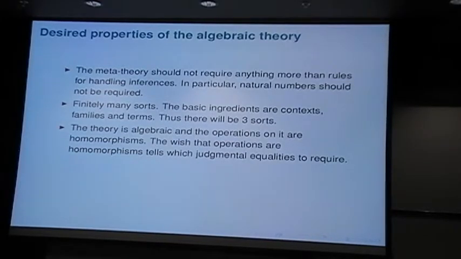It has to be algebraic, because then you can use tools from algebra. So that's a great merit that I wanted to keep. So the operations are going to be algebraic operations, and they are either homomorphisms or they fit nicely. They can be seen in some way as homomorphisms. All of them can be homomorphisms.